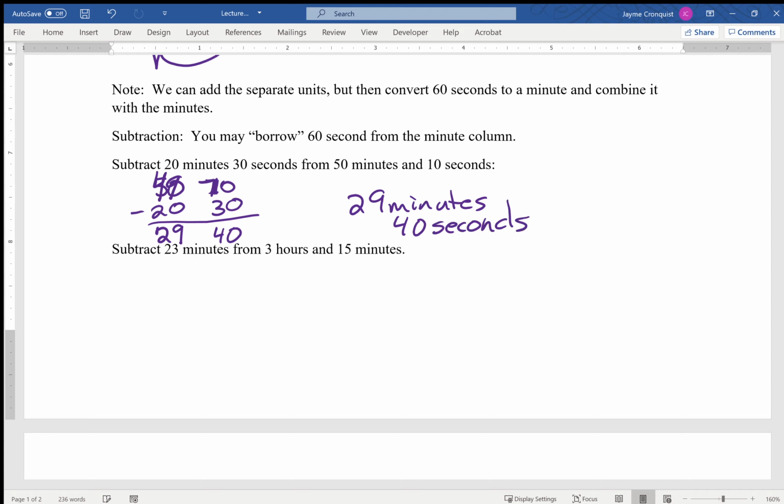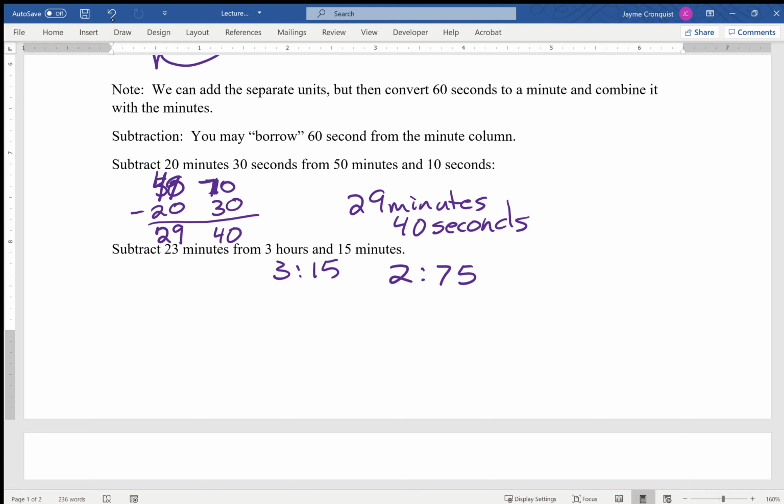All right, subtract 23 minutes from 3 hours and 15 minutes. Okay, so 3 hours and 15 minutes. I can turn this into 3 hours and a 60 to the... Sorry, it's not going to be a 3, is it? I can write this as 2 hours and 75 minutes by moving one of the hours over to the minutes as 60 minutes.